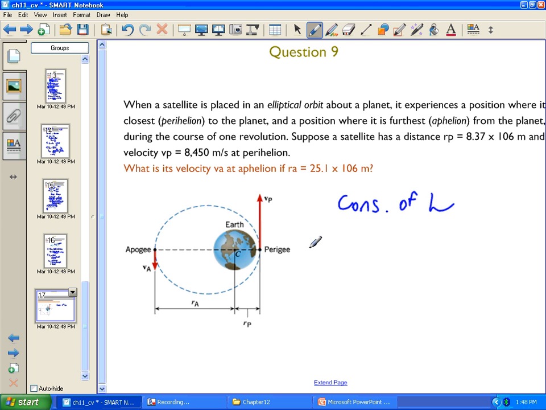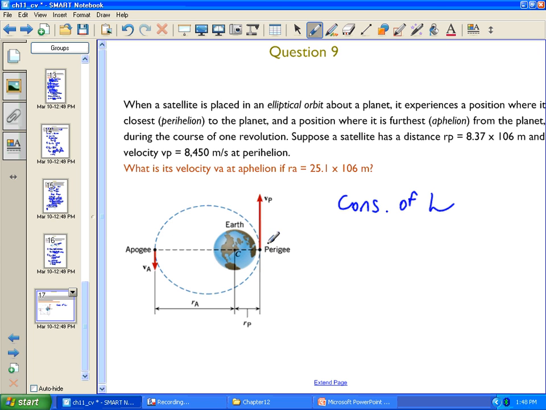Now this problem doesn't have the sun and a planet. What it does have is the Earth playing the role of the sun and a satellite playing the role of a planet. And this satellite goes about in an elliptic orbit around the Earth, and the position of closest approach, instead of perihelion, peri being closest, helion to sun, is perigee, peri closest, G for Earth, and apogee for apo furthest, G Earth.